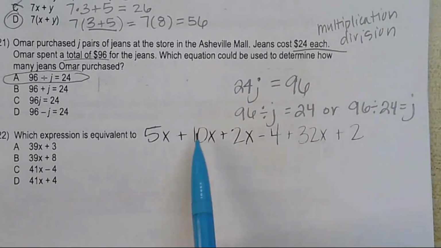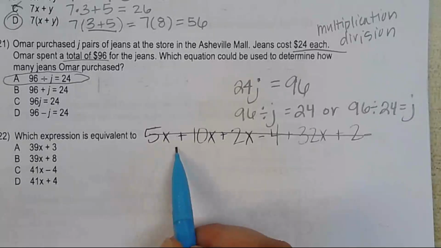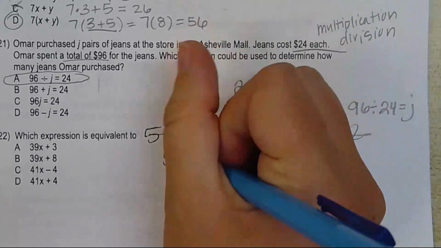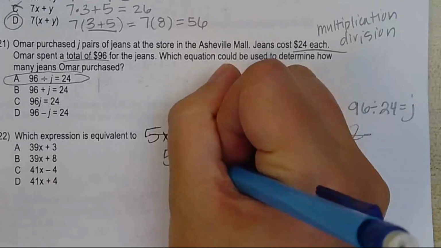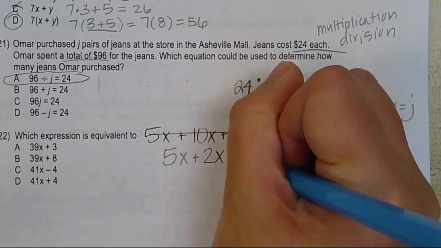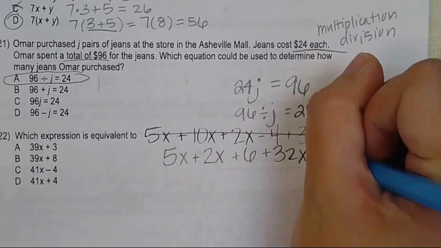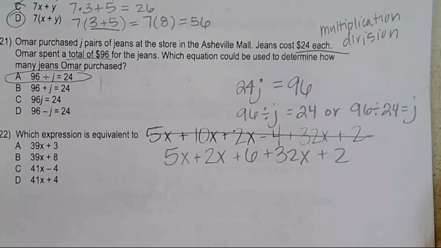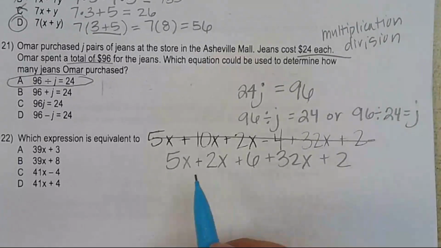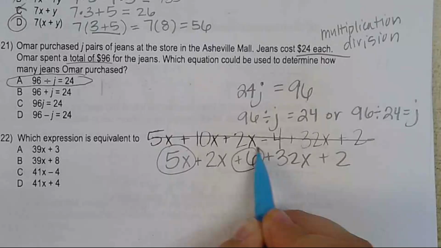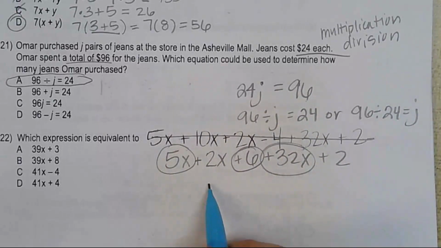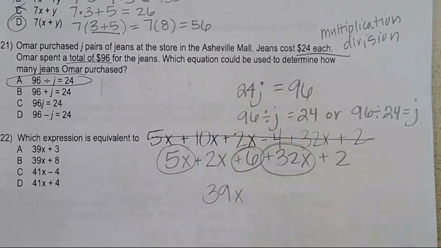Now this expression that I had written down was not correct because I forgot to change the answer choices. Please make sure I wrote it correctly based off of what I told you yesterday. Okay. Look at the sign before the number. And this one's going to equal 39x, right?